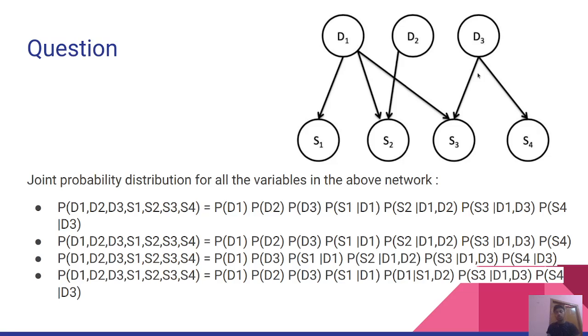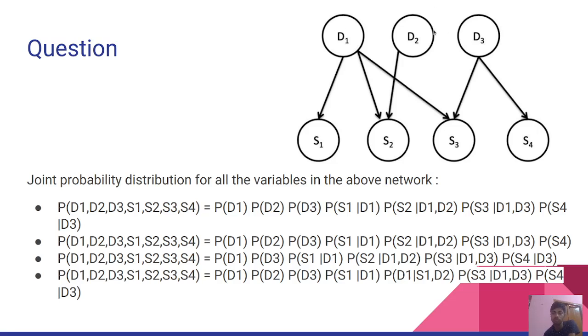So everyone is answering option A. Okay, so let's try to find out. At first we need a few things. D1, D2, D3 are not coming from any other node.